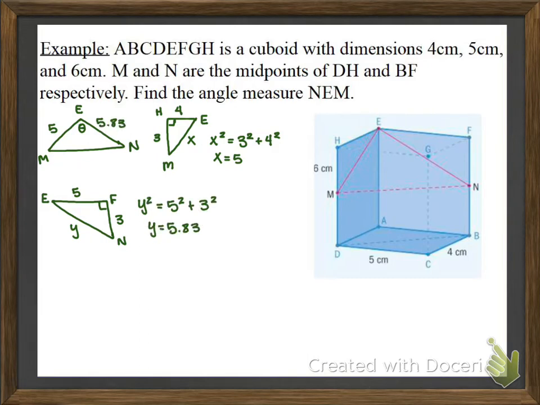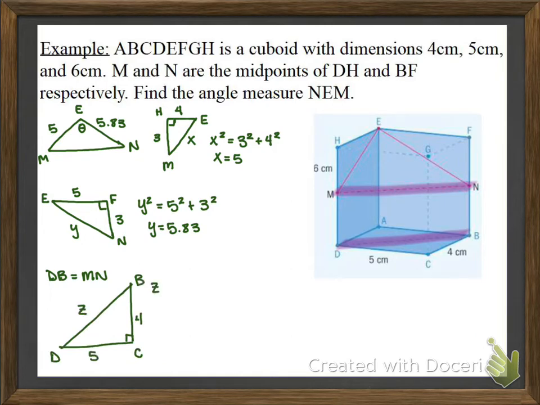Next, if you notice, MN doesn't really have a right triangle, but it is parallel to BD, which means they are equal. So we can use the right triangle with BD to find MN. The side lengths are 4 and 5 that are given to us. The hypotenuse is what we want to find, Pythagorean theorem, and we get C to be 6.4. Since BD and MN are the same, we can put 6.4 there.